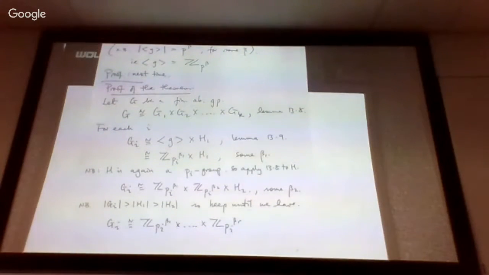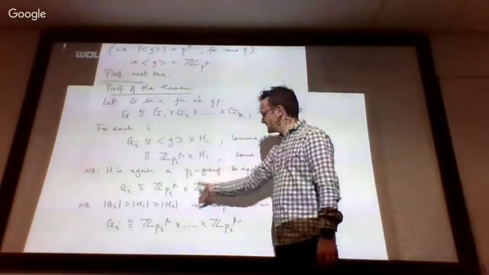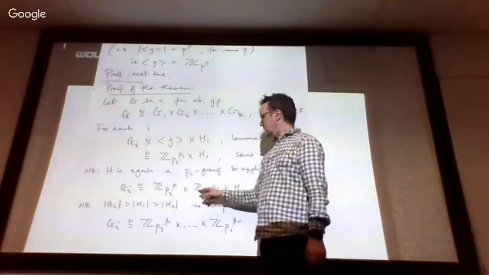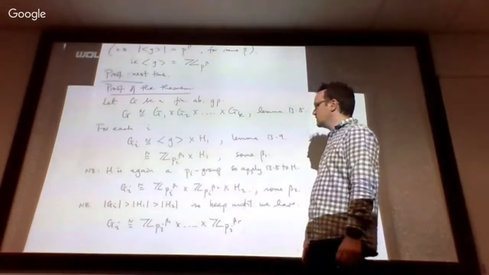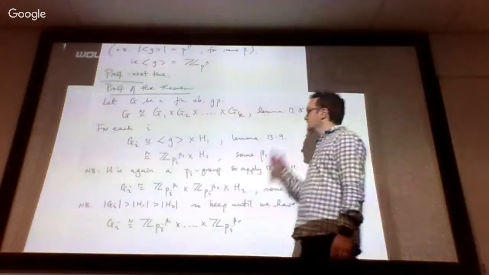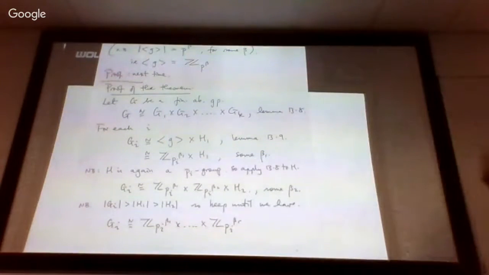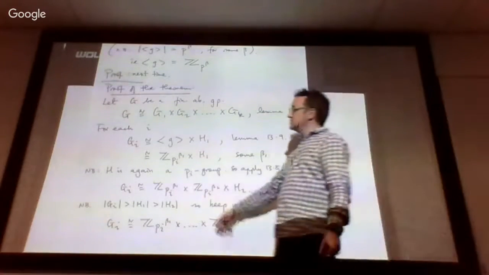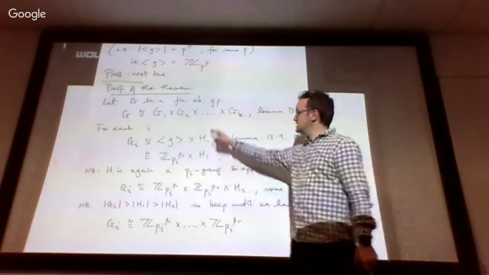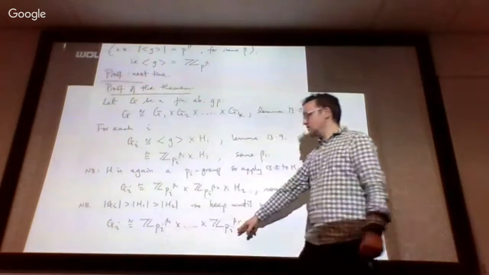So eventually this process will end of separating off these cyclic components of prime power order from G_i, repeatedly applying lemma 13.8. Eventually it's going to stop. So we can do this for each of the i's. Each of these turns into a direct product like this.